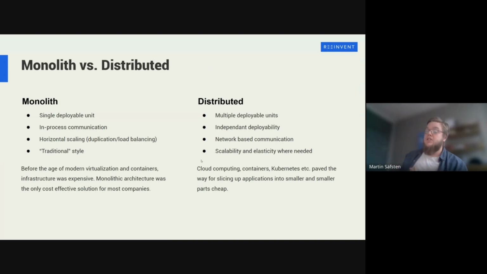And I mentioned traditional style because before the modern world of containers, of Docker, of Kubernetes, of all of these nice tools that we have today, it was really expensive to have microservice or distributed architecture, because every small subservice would have a separate computer. It could have a separate license fee for the database.